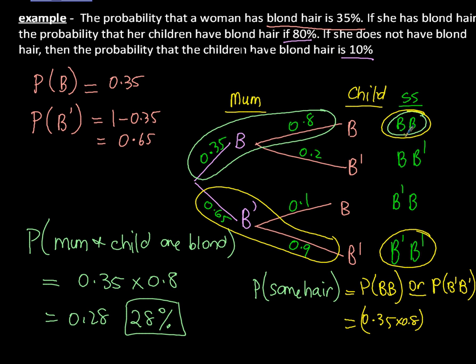Or, once again, we add those individual probabilities. 0.65 times 0.9. And when we work that out, plus 0.65 times 0.9, we get 0.865, or approximately 87%. There's an 87% chance that the child and the mum have the same colour hair.